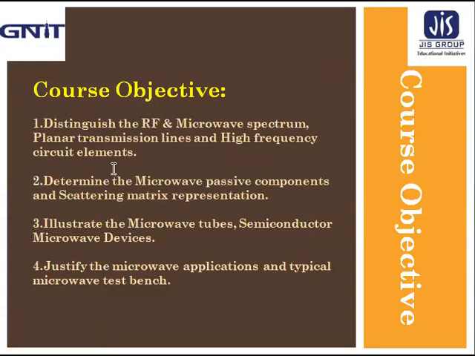The second course objective is to determine the microwave passive components and scattering matrix representation. The third course objective is to illustrate the microwave tubes, semiconductor microwave devices, justify the microwave application and a typical microwave test bench. These are the course objectives.